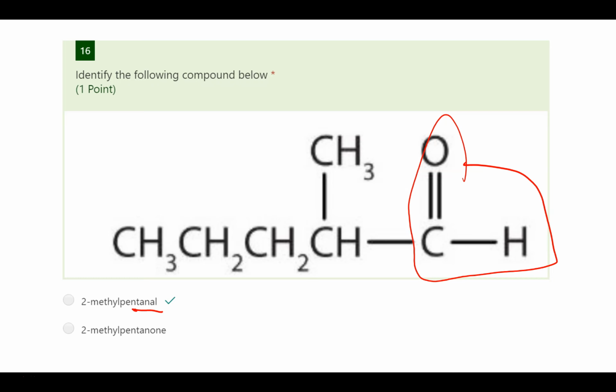That makes it an aldehyde and an -al. Whereas it would be a ketone, with the suffix -one, if the carbonyl group was on, say, the second carbon or whatever. I love carbonyl groups. I don't know why I enjoy them as much as I do, but I really do.